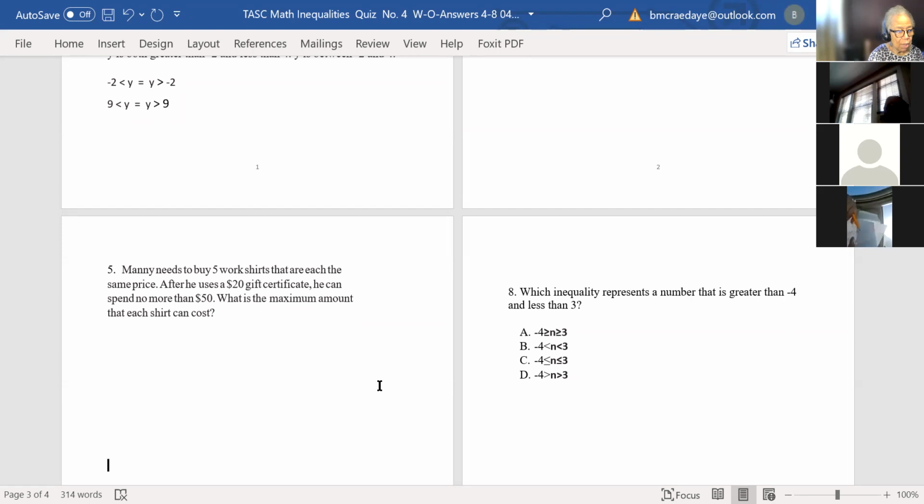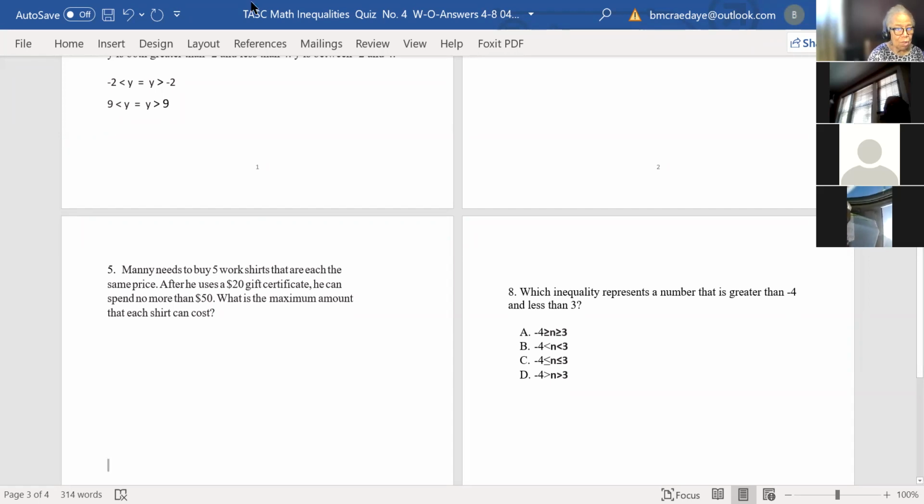Okay. Manny needs to buy 5 work shirts. Vanessa just read it. Did you hear Vanessa read it? Okay. So, Maureen, what would be the inequality symbol? You said less than or equal to?